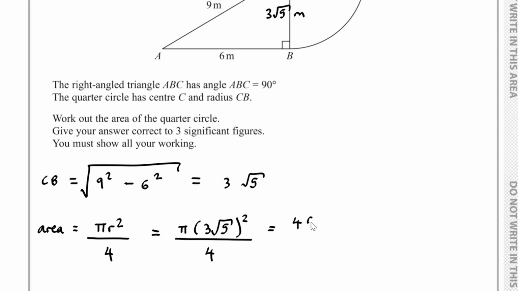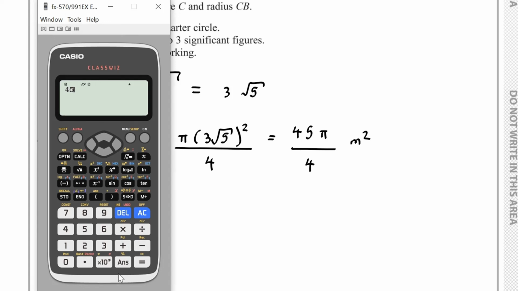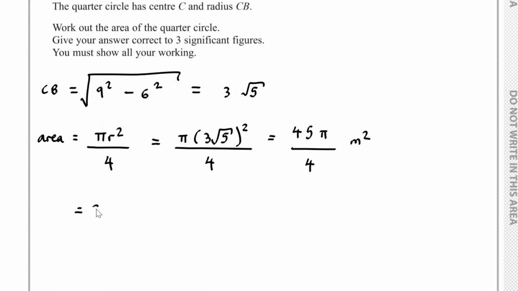So here we get 45 pi over 4 meters squared. And therefore this to 3 significant figures, 45 pi divided by 4 is equal to 35.3 meters squared. Okay.